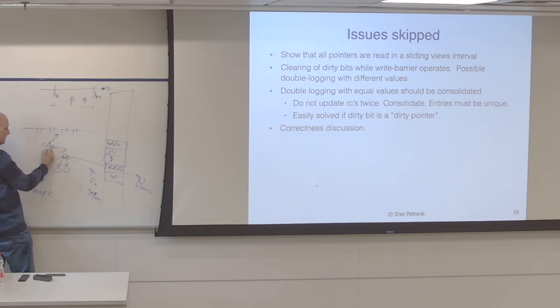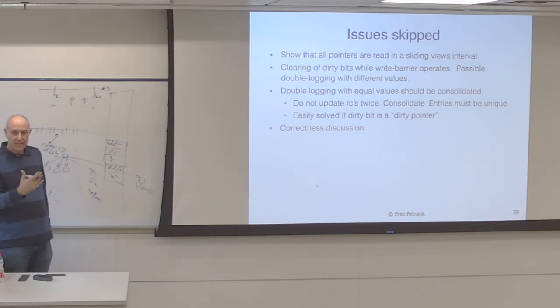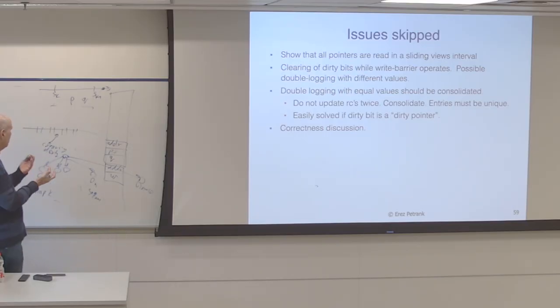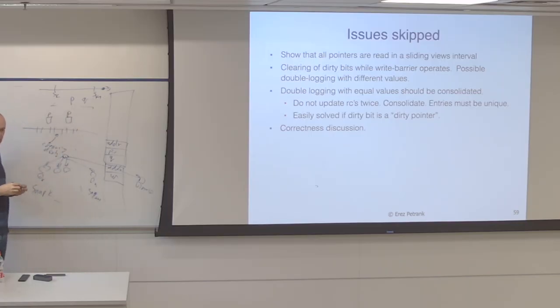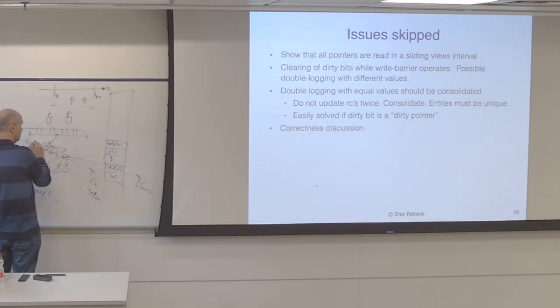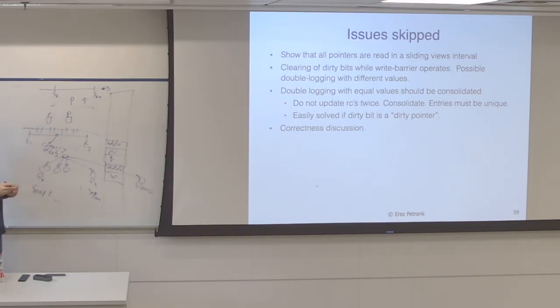When I'm clearing the dirty bits, the other threads are still running and changing. So it's possible that a thread will record the value of P here, and after I clear the dirty bit of P, maybe the same thread or another thread will record the value of P later, all within the time between T1 and T2. So you will have two buffer entries with two different values, because it's different here and here.